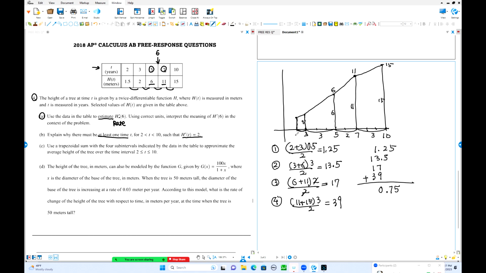This is a 3, this is 2, okay? So when t is 2, height is 1.5. When t is 3, height is 2. The next is 6, oh, that's true, okay. First one is, the first 2 is wrong, right? This is 1.5, not 3, this is 2, right?